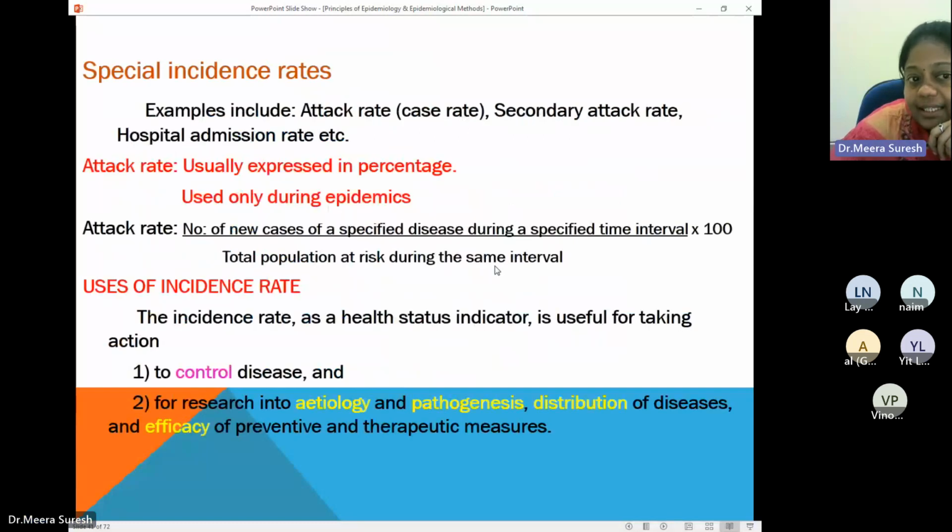Then we have some special incidence rates like attack rate, also called case rate, secondary attack rate, hospital admission rate, and some other terms also.